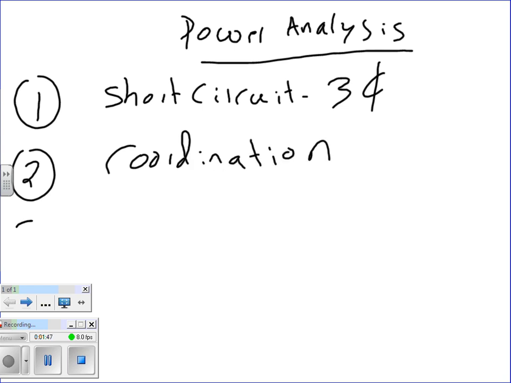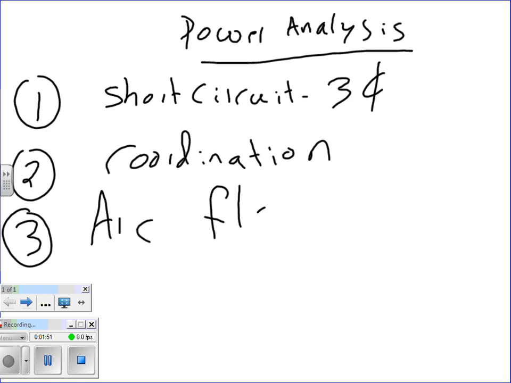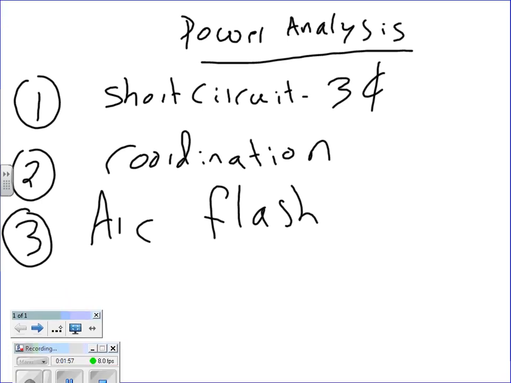There's a third one that's arc flash. That's going to be optional. So this is what you guys are going to be doing from this software. And a couple of reports: short circuit, coordination, and arc flash. You're going to see how easy that is.